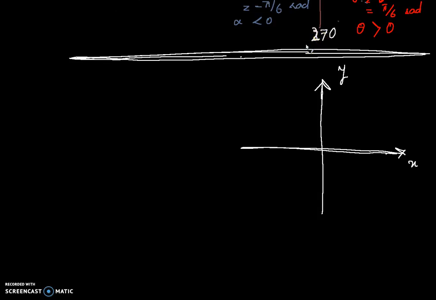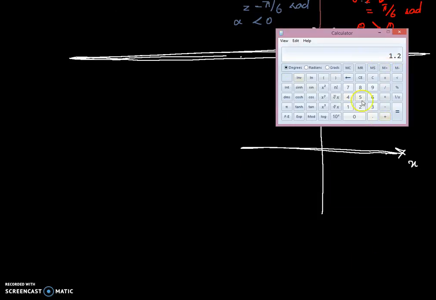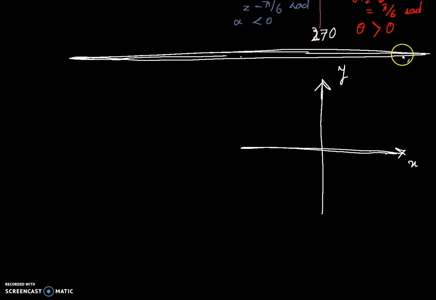3 into 180 is 540, divided by 4, you get 135 degrees. 135 degrees is this: this is 0, this is 90, and if this is 45 degrees, then here you end up at 135 degrees, which is 3 pi by 4 radians.